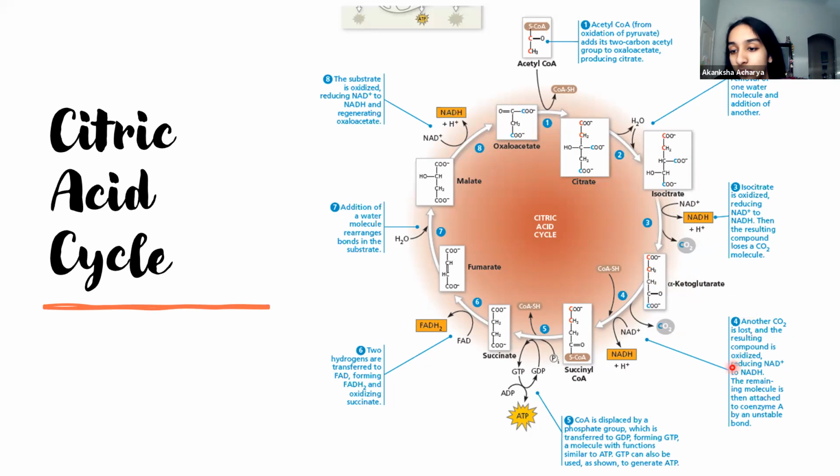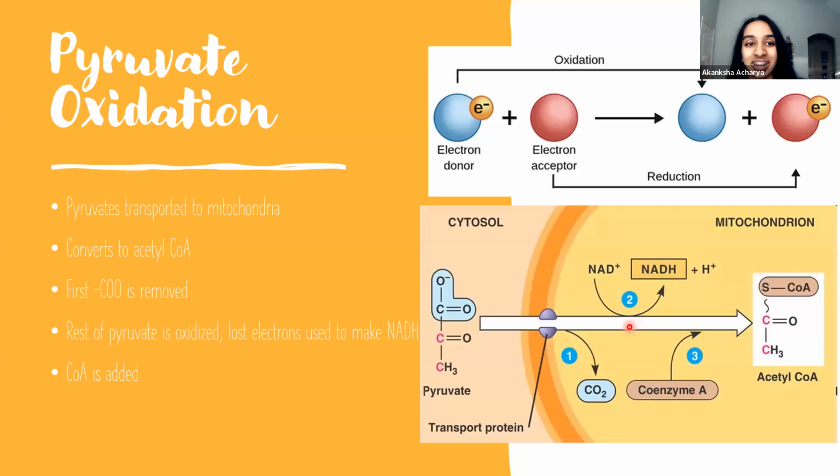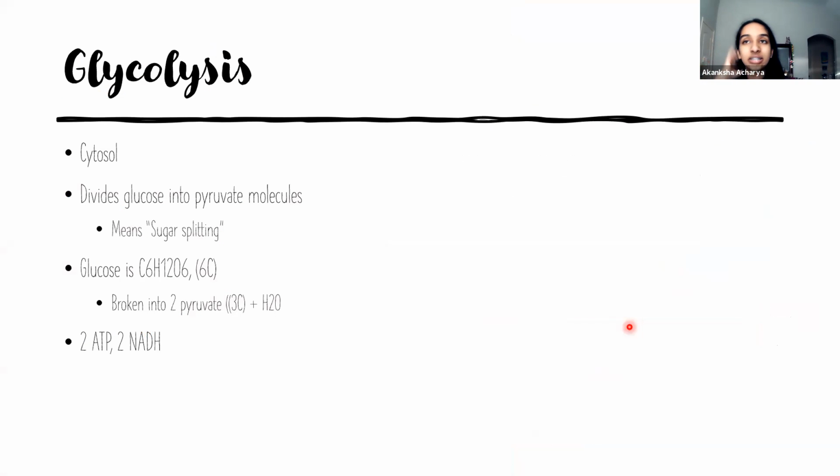So in this case, when this molecule is oxidized, NAD plus is reduced to NADH. And every time that happens, it's good for us because we want to stock up on those NADHs. I don't think you need to know the rest. I don't want to overwhelm you guys, and I don't think it's needed.